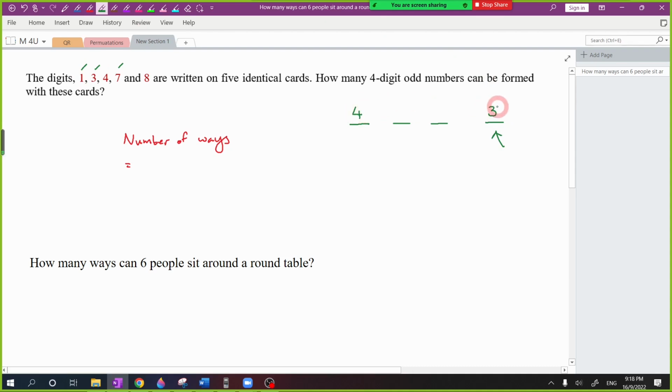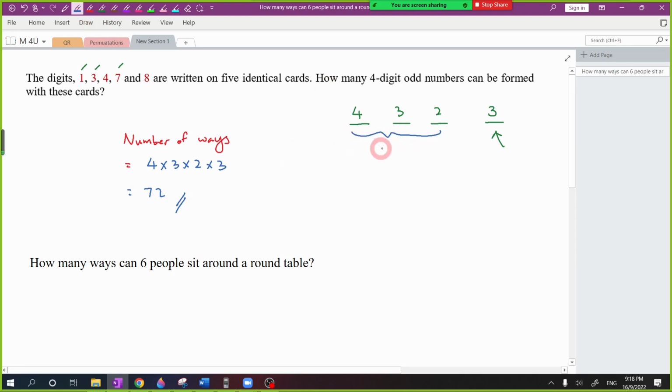After 2 have been selected, we have 3 and 2 left. So the number of ways will be 4 times 3 times 2 times 3. The correct answer is 72.